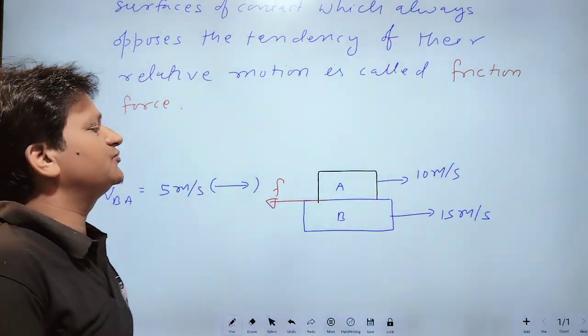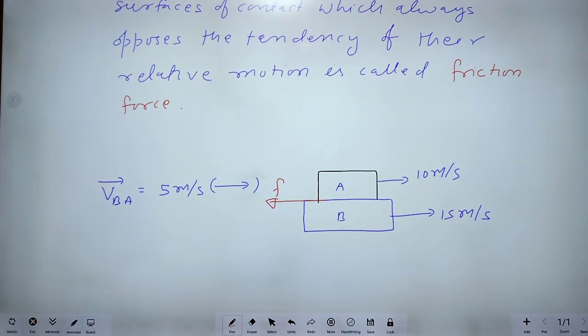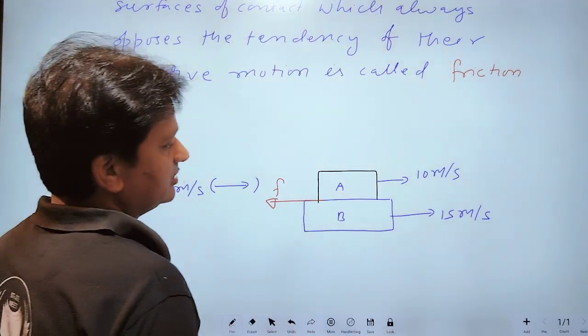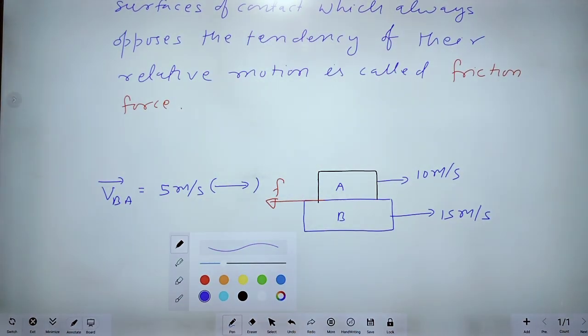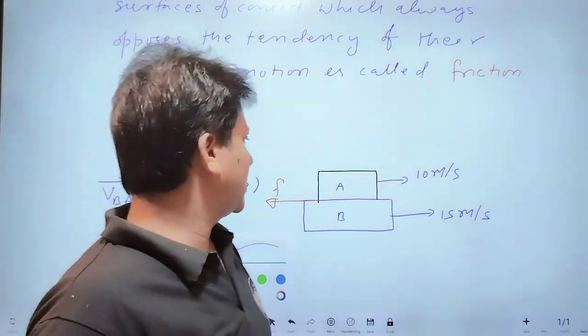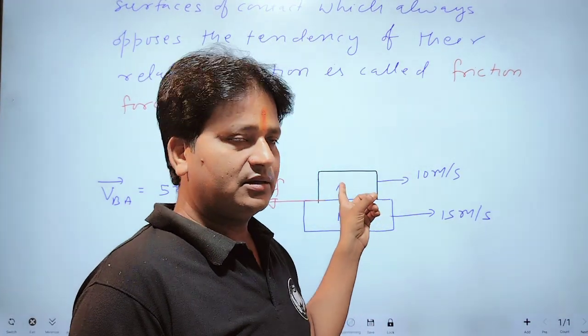Therefore, friction force will act in leftward direction because the relative velocity of block B with respect to A is in rightward direction.